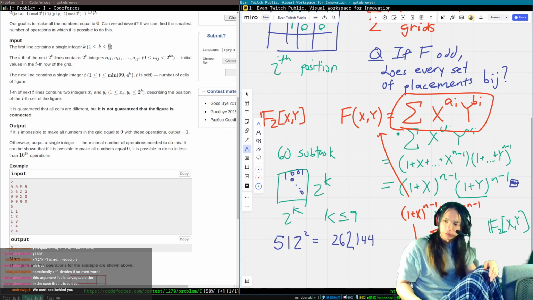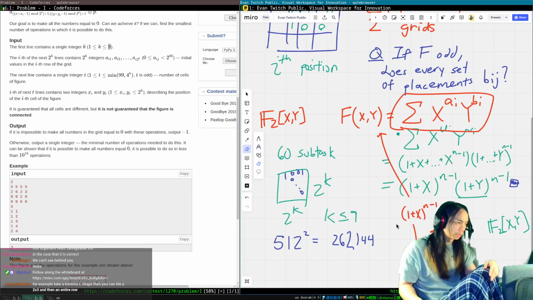Because it also divides x to the n. If I just do that, is it good? Yeah, so the fact that this divides this thing means that I can do the modding by x to the n minus 1, not at the level of the field, but at the level of the divisibility.